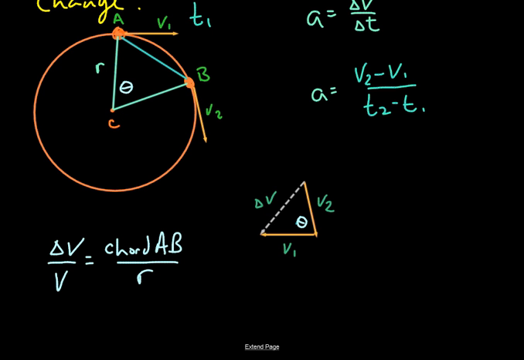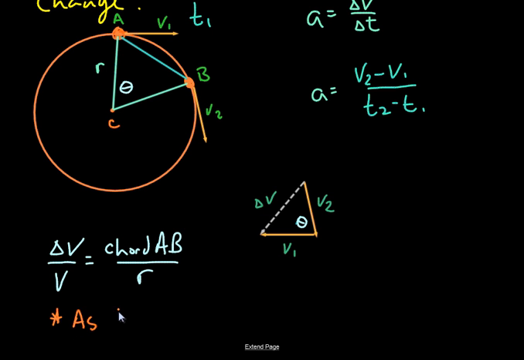Now I want you to imagine what would happen if we decrease the amount of time that this happened over. If we decrease the amount of time, it's like we're moving B closer and closer to A, smaller and smaller amounts of time. You'll notice that the length of the chord and the length of the arc approach each other as we decrease time. So I'm just going to write this down, because what we're going to do relies on this.